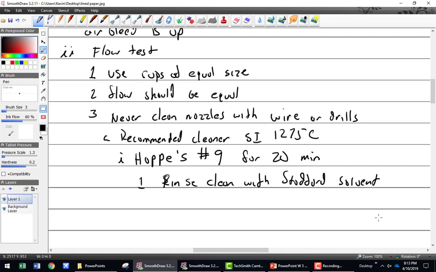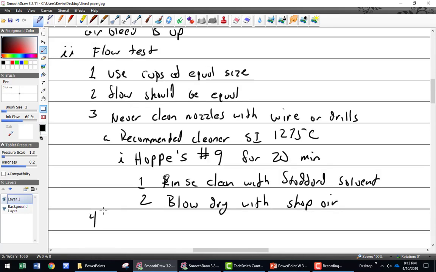Salt water. Tim thought it was salt water. That's okay. All right, now you get to do my favorite thing. Blow dry with shop air. So you're actually allowed to use shop air now. Right.